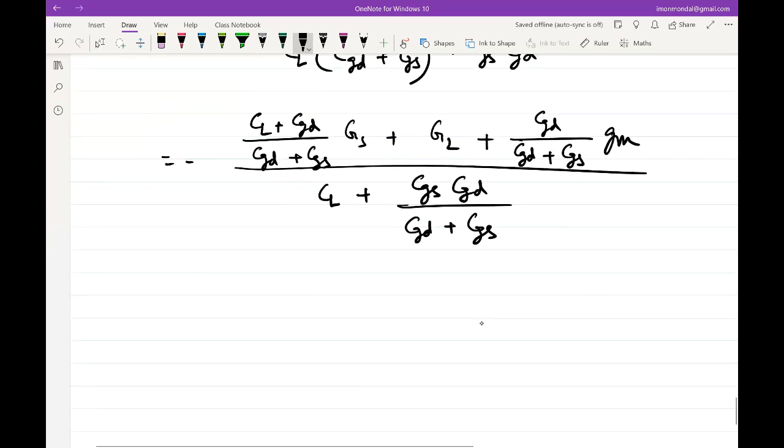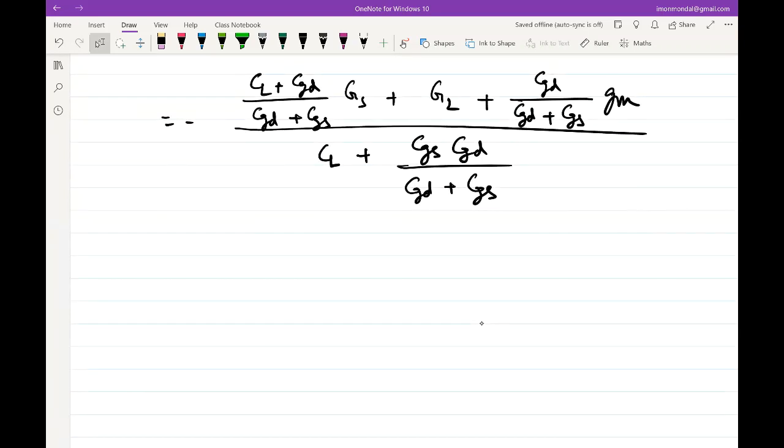So again, dimensionally, this is conductance over capacitance. Okay, so let's see whether this makes any sense. Again, I'm not sketching the input because poles should not depend on where you are applying the input.